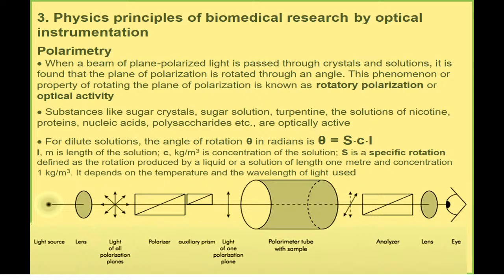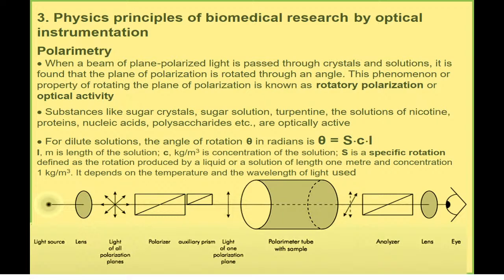For example, it is very important information about the presence of glucose in the blood plasma. So this instrumentation, polarimetry, is particularly for this.